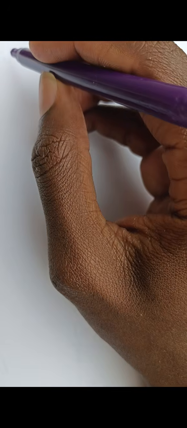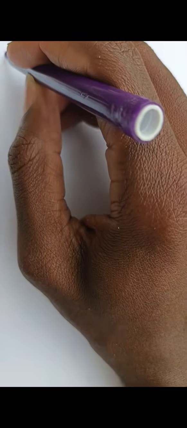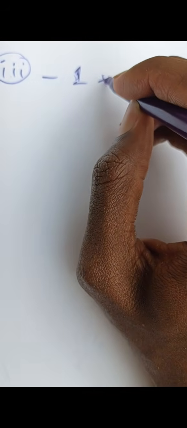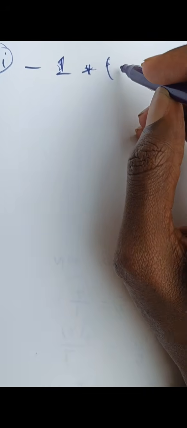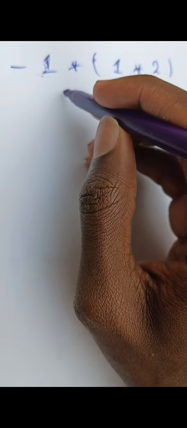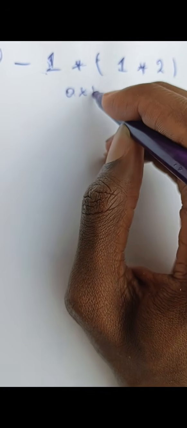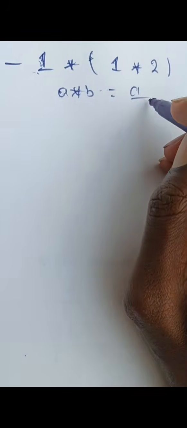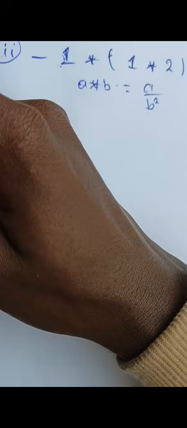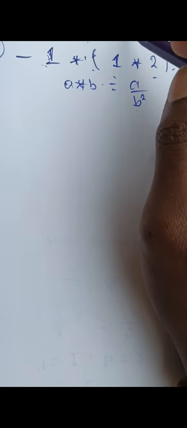So on question 3, they're saying -1 binary 1, 2. Okay. So now let's also write the formula given. A binary B is equal to A over B power 2. Right. So the way that we solve this one, what I like doing personally, I'll start with what is in the brackets.